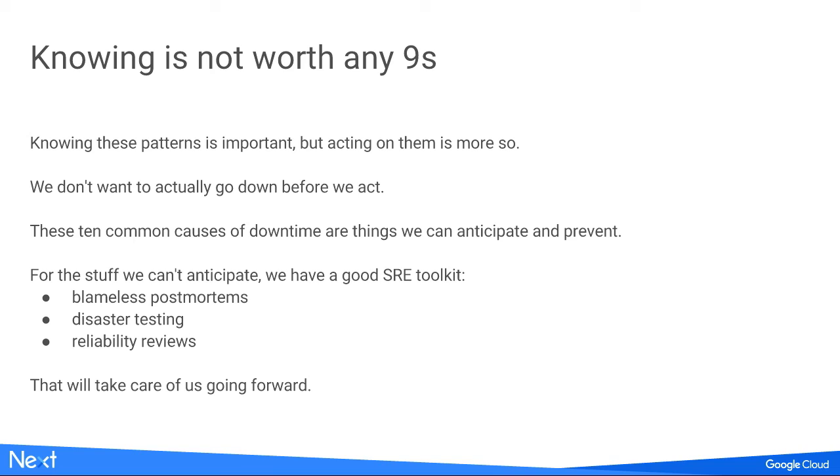So these are things we can actually anticipate and prevent because they're fairly generic and they'll pretty much happen to everybody. But of course we can't anticipate everything. So we're going to fall back on a lot of our SRE principles and practices to deal with all those things, like do a blameless postmortem, do your disaster testing, do your reliability reviews.